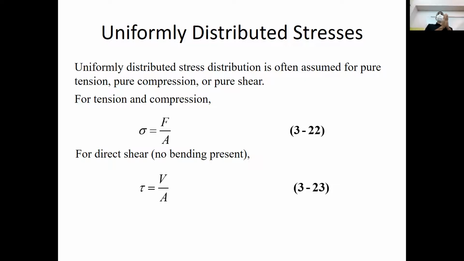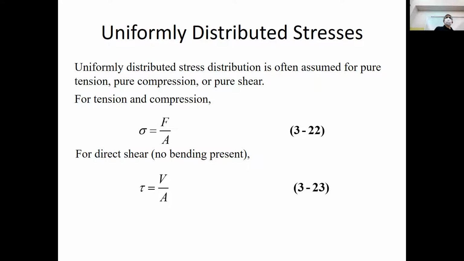We also get uniform stress distribution from a direct shear, as in using shears, or as when we have a bolted connection and we are trying to shear the bolt, said to be in direct shear. For those 2 cases, the stress is easily calculated by dividing the force over the area. And these are the only 2 cases where we have uniform distribution.